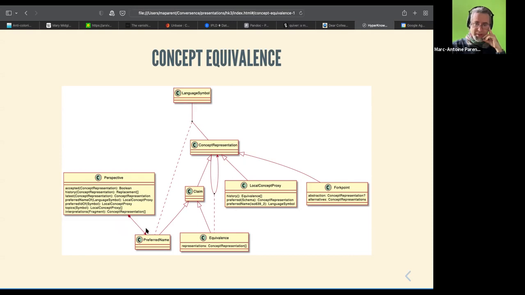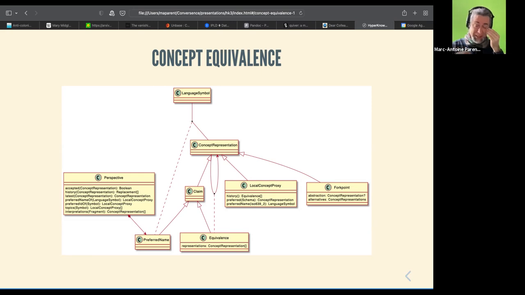And how we build those preferred is we have the notion of preferred name, which again is not obvious on the diagram. I need to work a bit on the diagram. It associates either a symbol with a representation or with a local concept proxy, but it could be with a representation, it wouldn't matter.